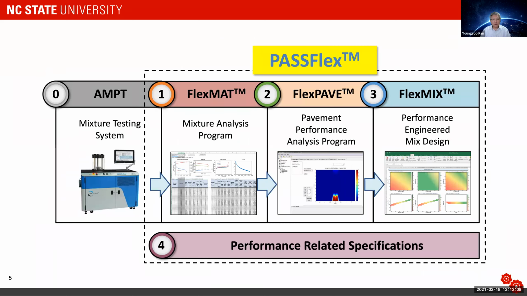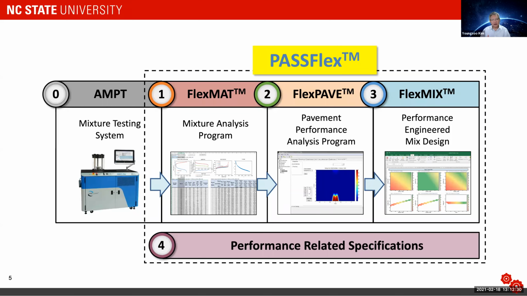So PassFlex goes like this. AMPT supports the PassFlex system. And once you're done with the AMPT test, the output files from AMPT become an input to a program called FlexMat. FlexMat is a mixture analysis program.